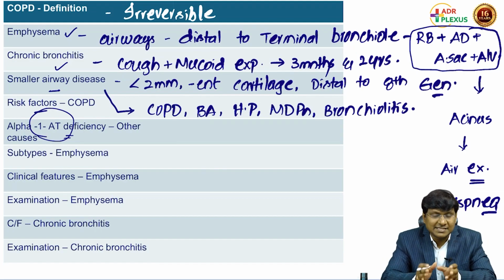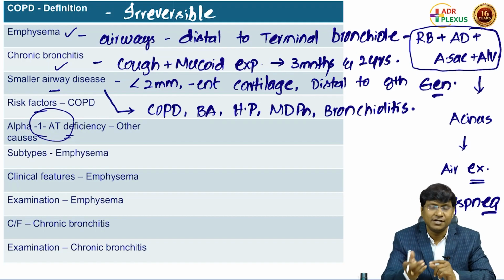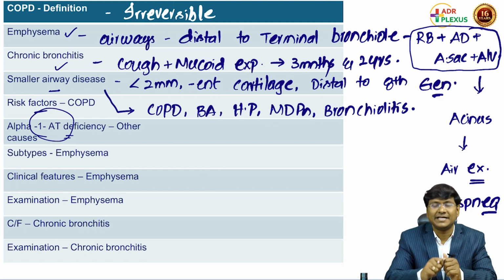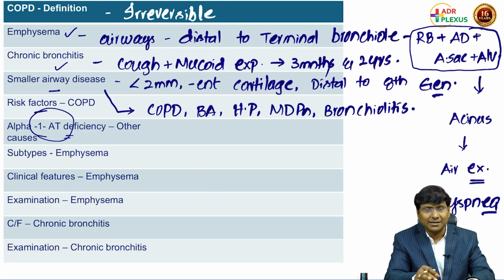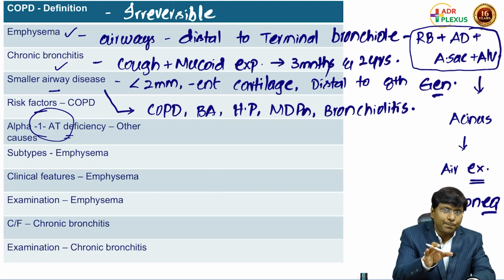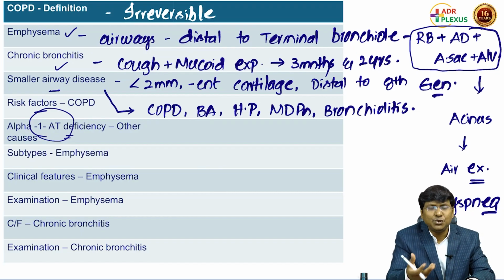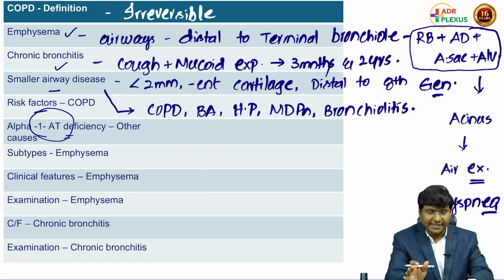And the substance which is protecting from the protease is the anti-protease, which is nothing but alpha-1 antitrypsin, which is coded by the SERPINA1 gene. And if that SERPINA1 gene is mutated, alpha-1 antitrypsin deficiency will occur, and thereby the protease activity cannot be tolerated. You don't have the anti-protease whenever there is alpha-1 antitrypsin deficiency, right?